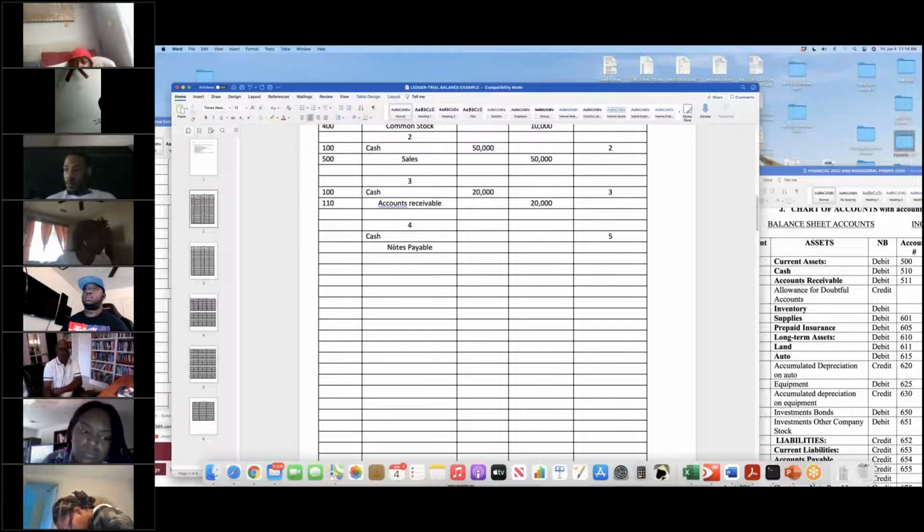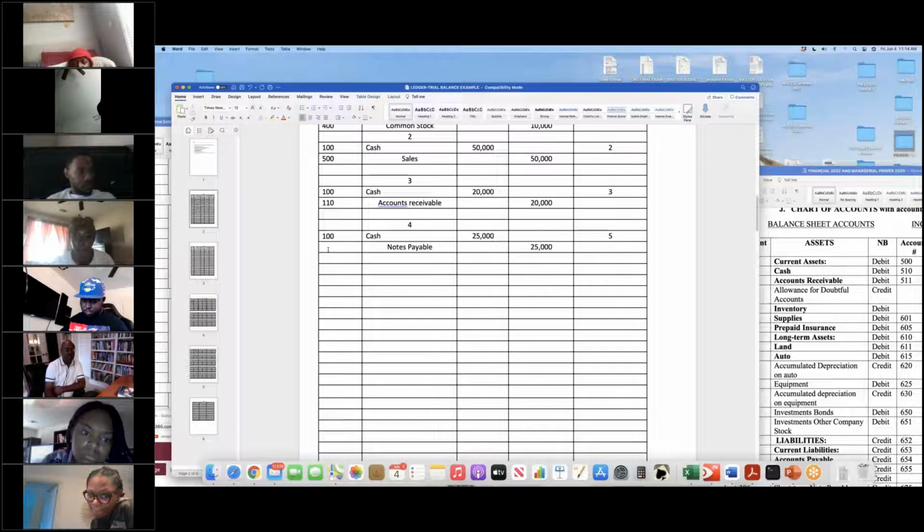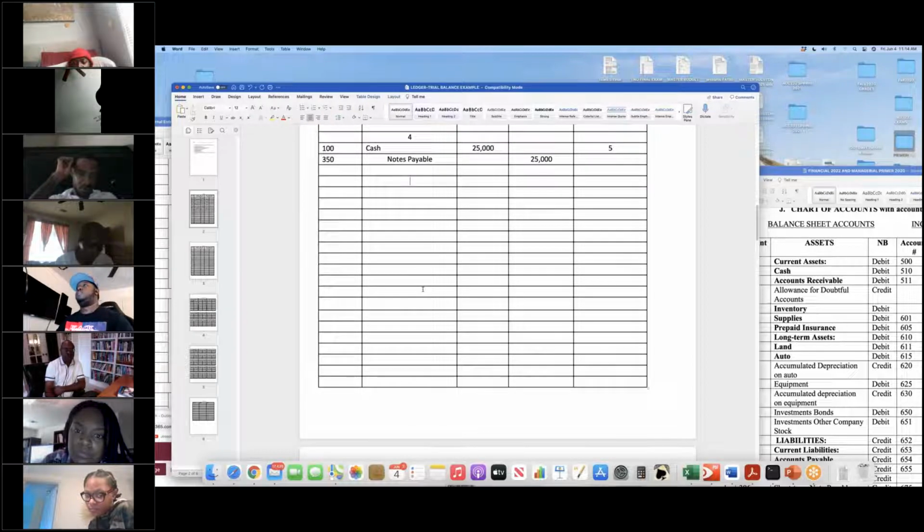Now this is different. We're borrowing money. This is altogether different from buying something with debt. So some of you were confusing that. And we have 100. What's notes payable? 350. So let's get this one posted.